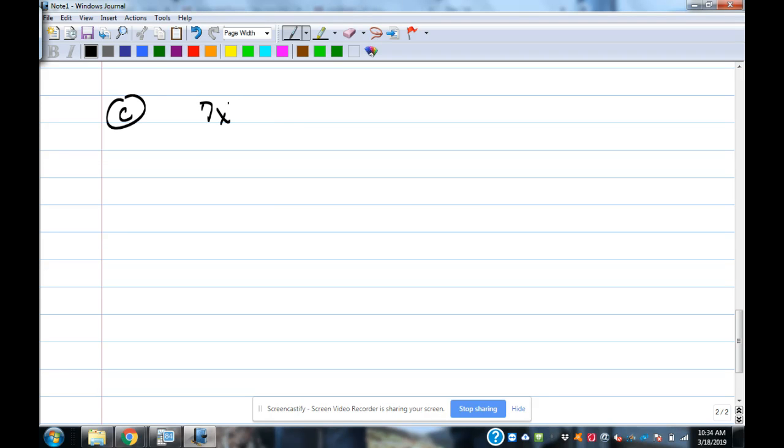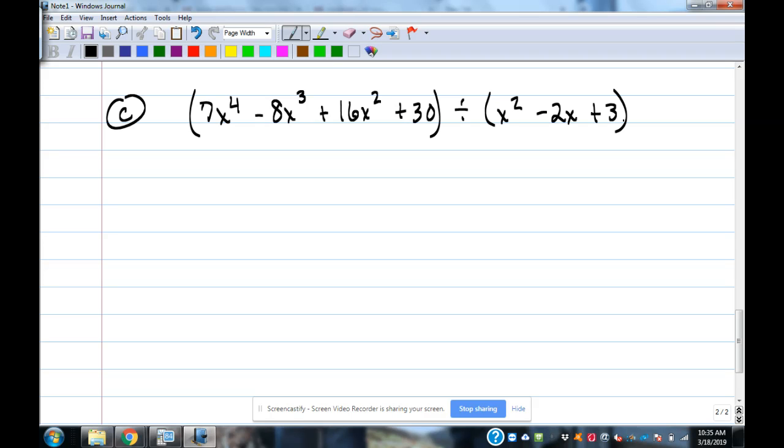So let's take 7x to the 4th minus 8x cubed plus 16x squared plus 30 divided by x squared minus 2x plus 3. Set up your long division.